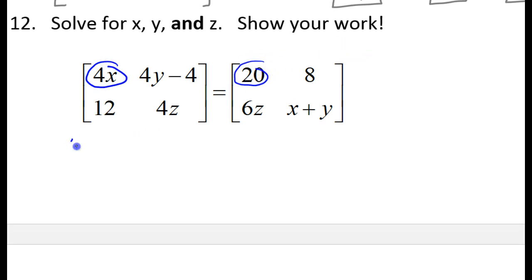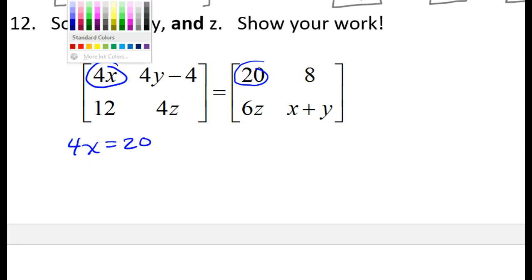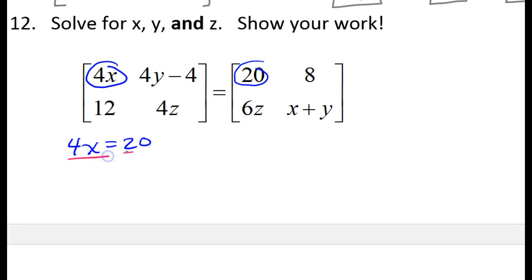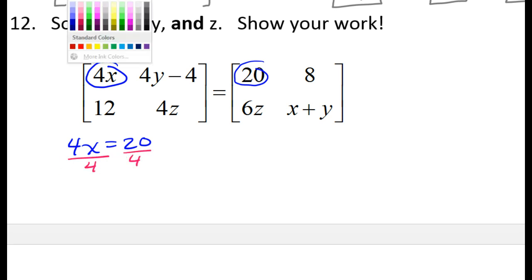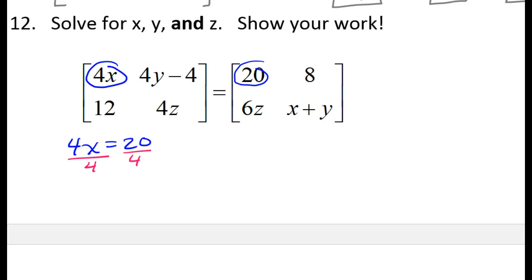So that's something we can write down. 4x must equal 20. That can be solved immediately because we can just divide both sides by 4. So obviously x is equal to 5. So keep that in mind.